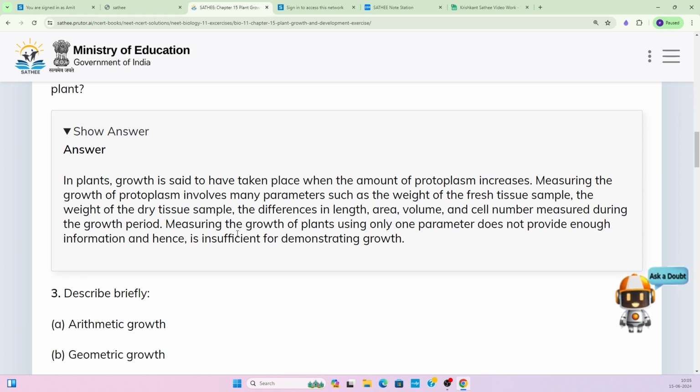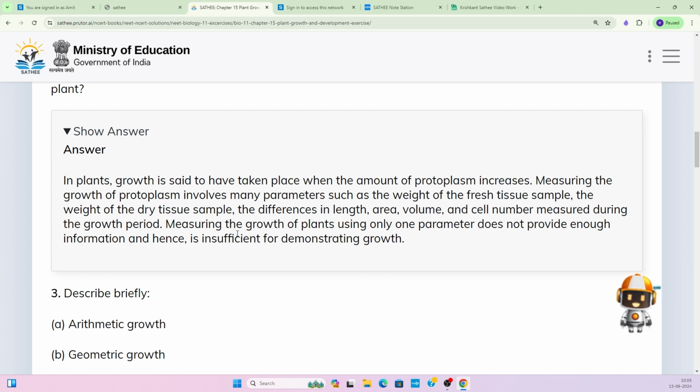So measuring the growth of a plant using only one parameter does not provide enough information, because so many things are changing with the increase of protoplasm: the size, the area, the mass, the volume, the number of cells, everything is changing. So why consider just one parameter?